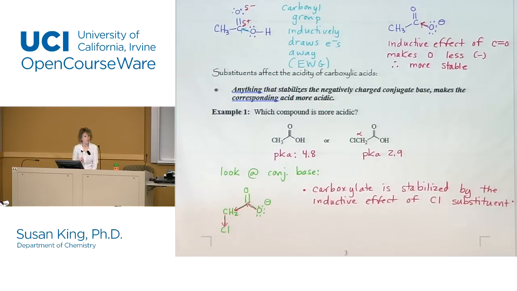And that's just simply because it's making oxygen less negative. A less negative oxygen is going to be more stable. So therefore, the conjugate base is more stable. So here we have not only the inductive effect of the carbonyl, we also have the inductive effect of the chlorine adding together. Therefore, the conjugate base is more stable, and therefore the acid is more acidic.